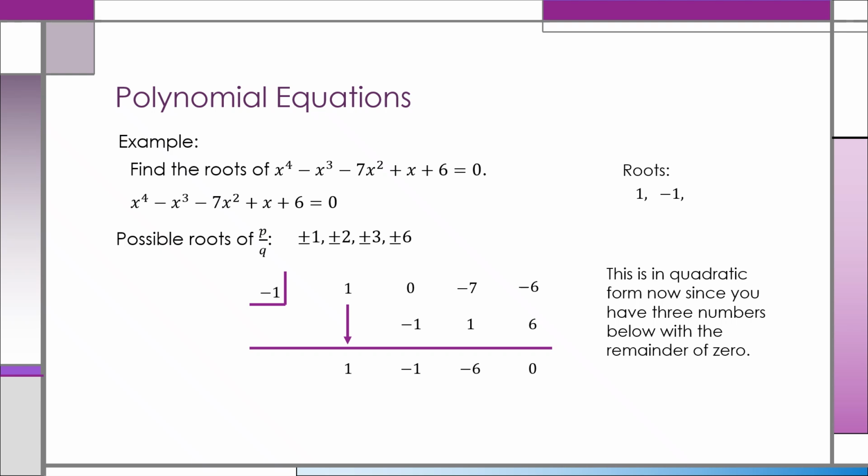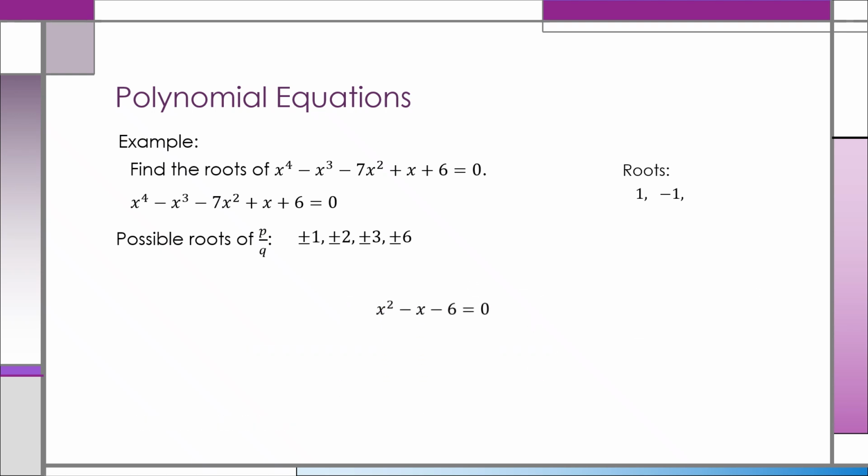We can write this now in quadratic form. This will be written as x squared minus x minus 6 equals to 0. Next step is to find the remaining roots using the quadratic formula.